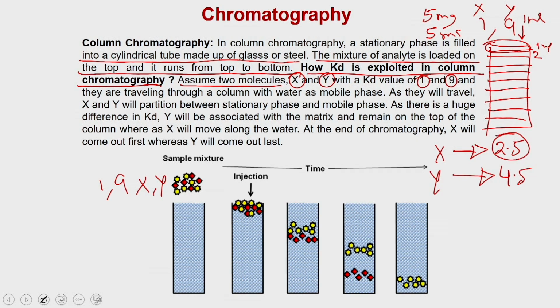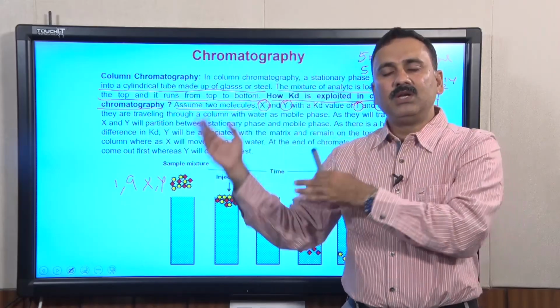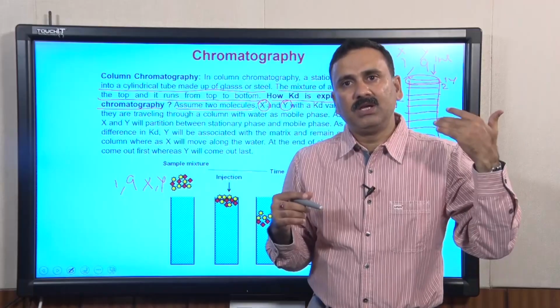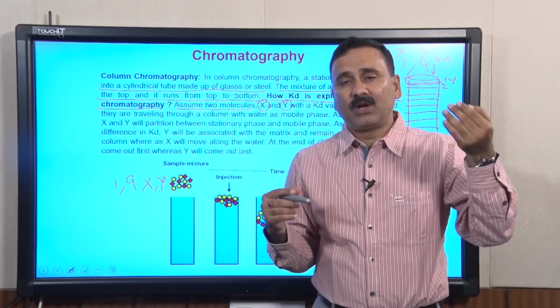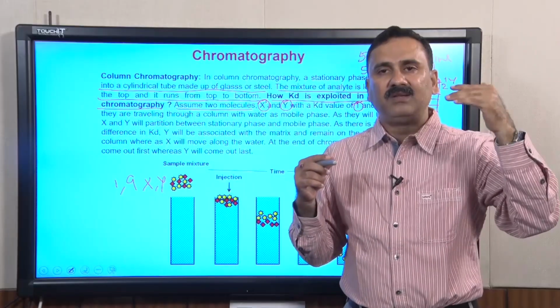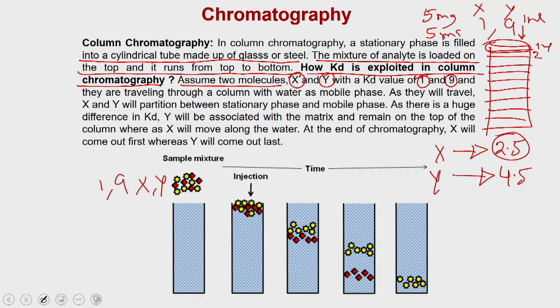So, you see that X is preferentially going towards the aqueous phase, which means more and more X is going into the aqueous phase, and you know that the aqueous phase runs faster than the matrix because the matrix is stationary. So, the Y will remain there.